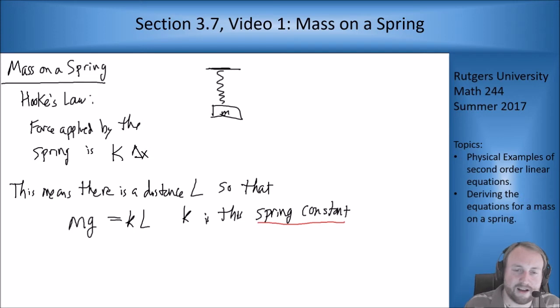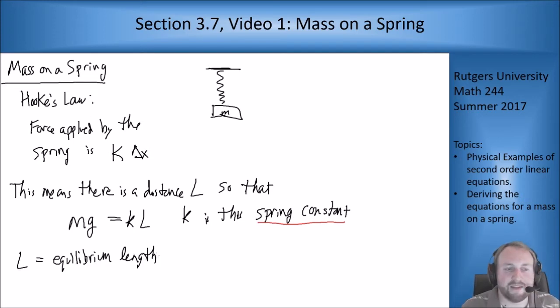So we're going to call L the equilibrium length, and then in deriving our equations, we're going to let U, which is going to be our unknown function, be the displacement from the equilibrium length.